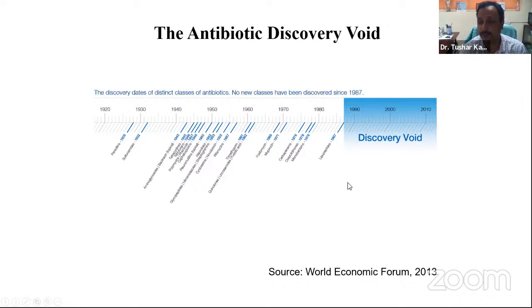Of course, there are a couple of antibiotics discovered, but these are generally modifications. The reason is that no pharma is interested in making any new antibiotic, because it directly depends on the finance, how much you are putting in. If any pharma does research on antibiotics, they have to spend a lot.